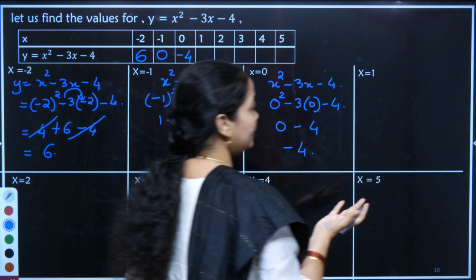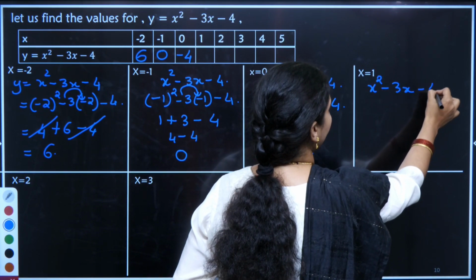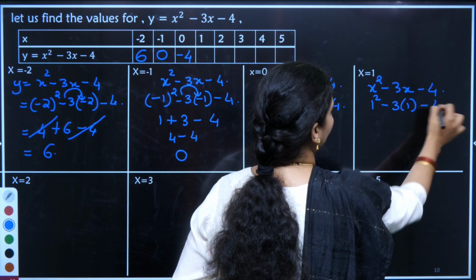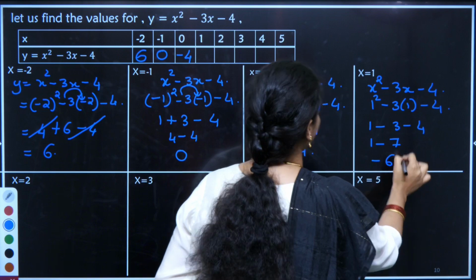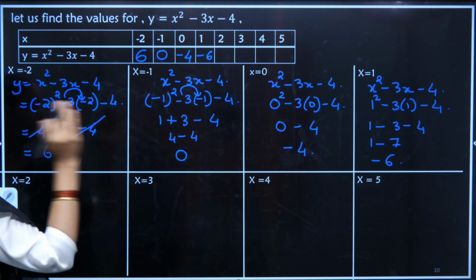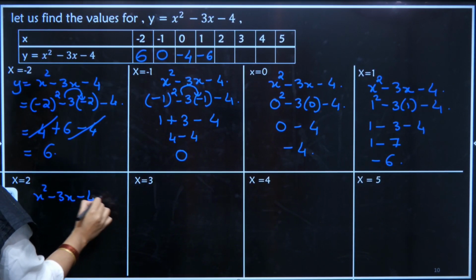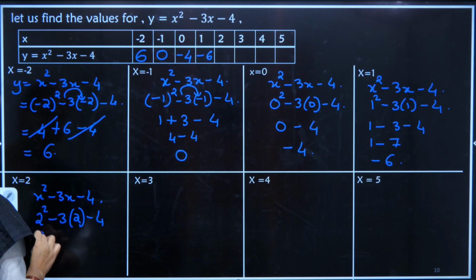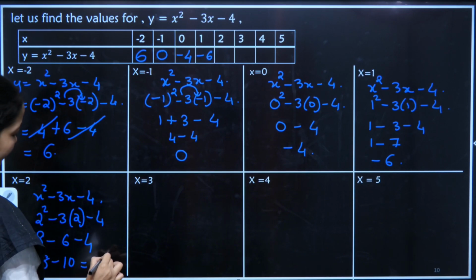Moving on to the next value, write down the equation and find the values in a similar manner. So 1 square minus 3 into 1 minus 4, 1 minus 3 minus 4, 1 minus 7, negative 6. Substitute it here, negative 6. Similarly, we find the value for x as 2: x square minus 3x minus 4 will be 2 square minus 3 into 2 minus 4, 8 minus 6 minus 4, 8 minus 10 which is negative 2.